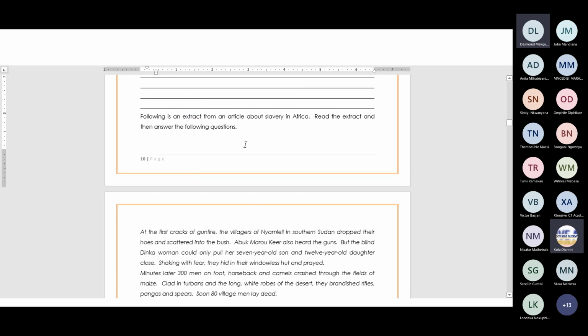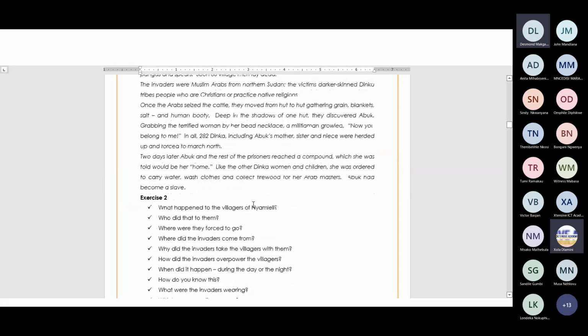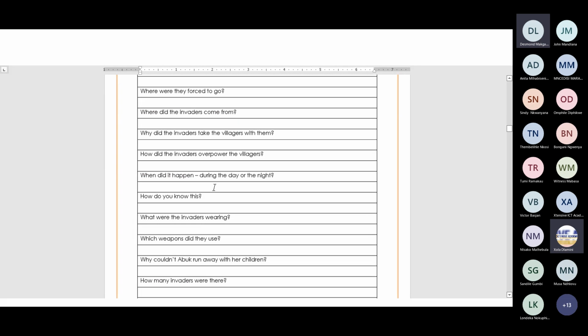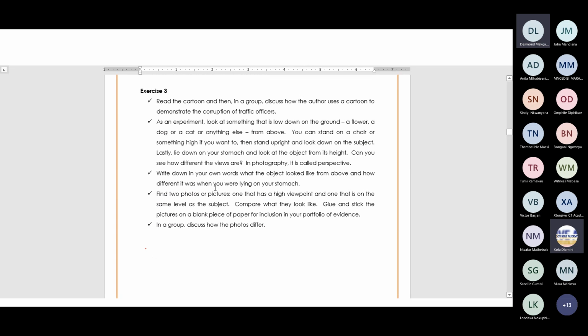So the next task I will skip. I want to believe you've got to read that, and then answer these questions. I will not really delve into reading with you guys, but I can't wait to see what you have said in the answer sheet. But this one says, let us do it in a group.